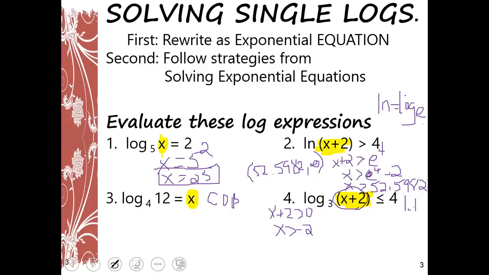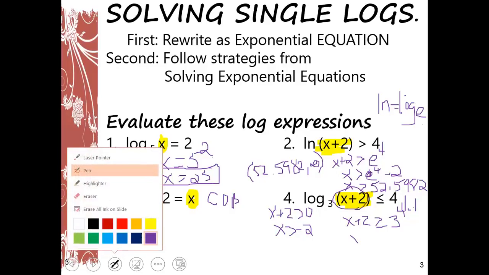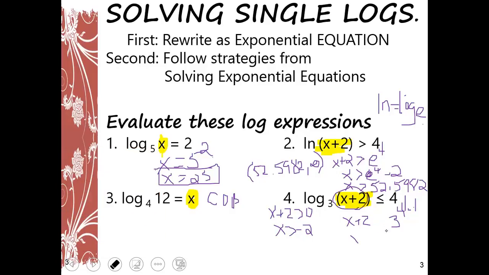Now we're going to rewrite this as an exponential. It says my argument, x plus 2, has to be greater than or equal to my base, which is 3, raised to the 4th power. I'm going to subtract 2 from both sides, which says, oops, this is less than. Kind of did a switcheroo on you there, sorry.